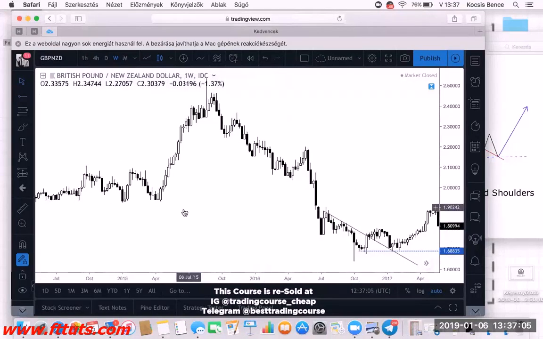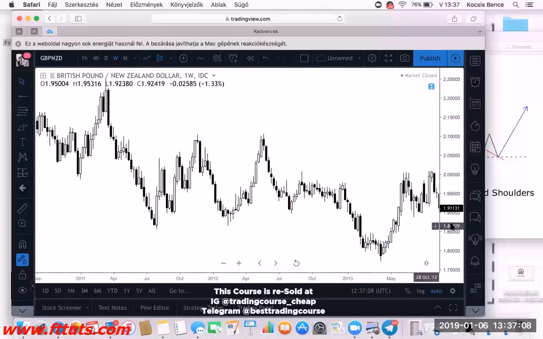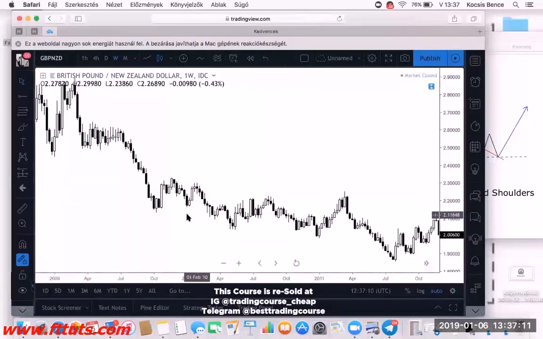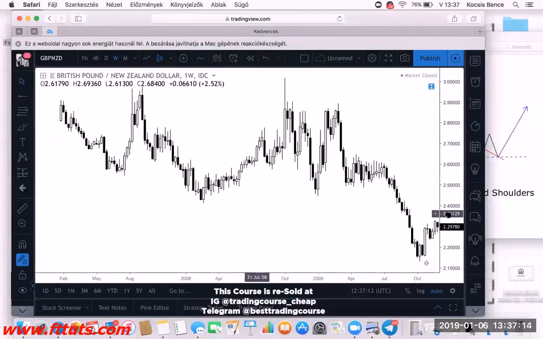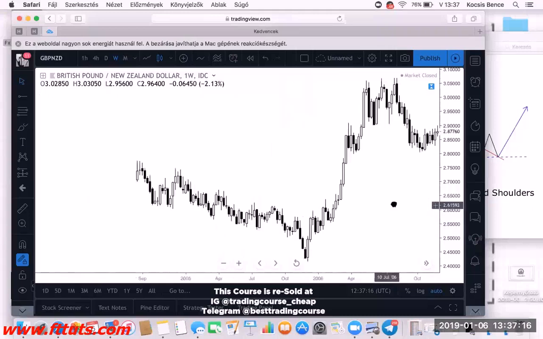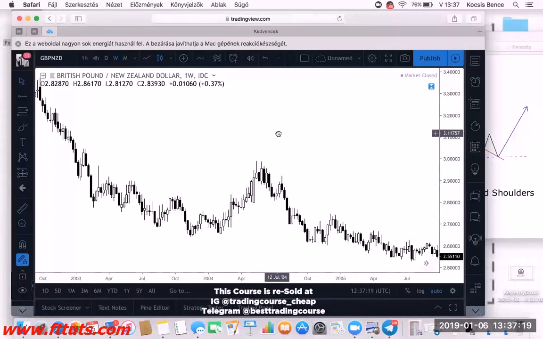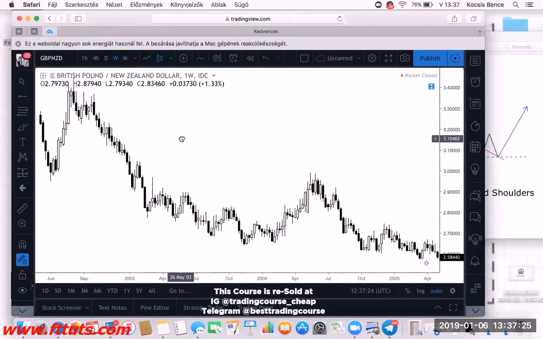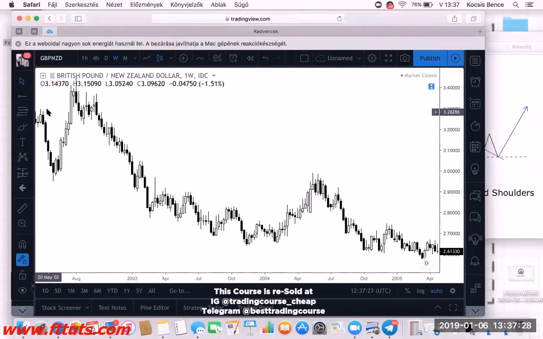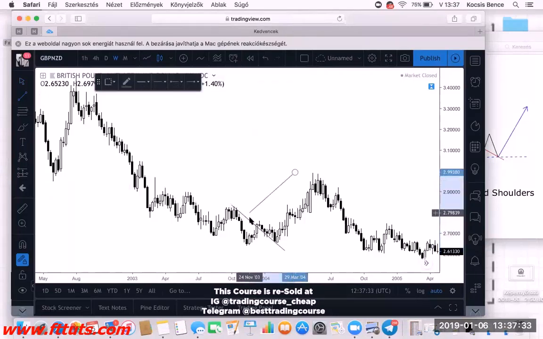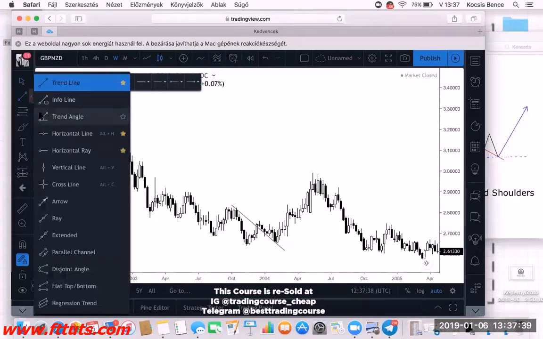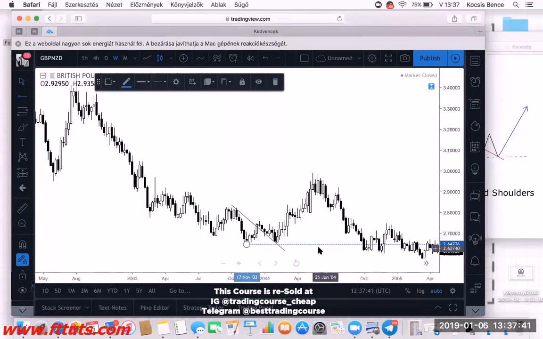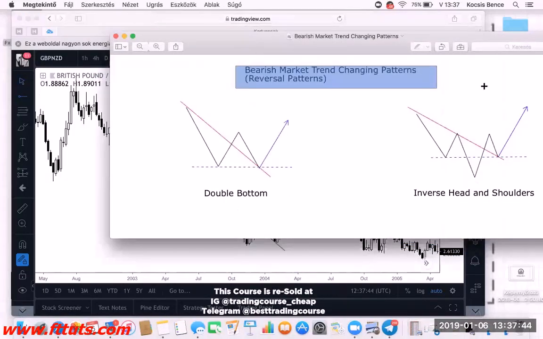So this is the double bottom. So the price broke the trend line, and after it makes the retest on the trend line, and it creates the same lows. So this is the double bottom.